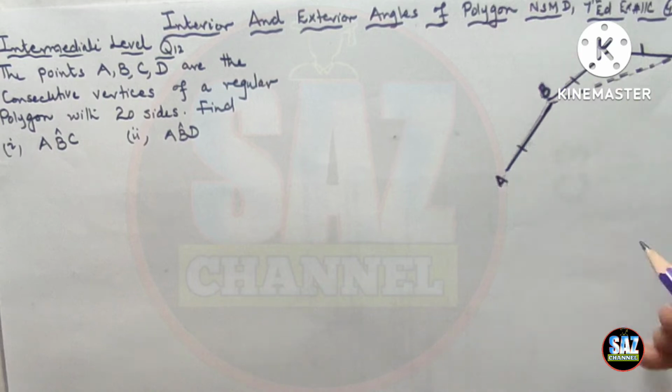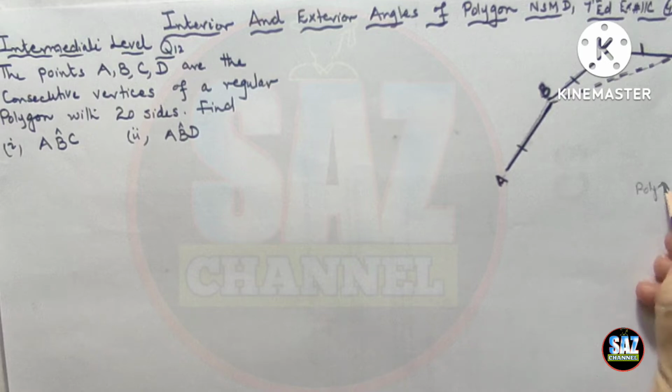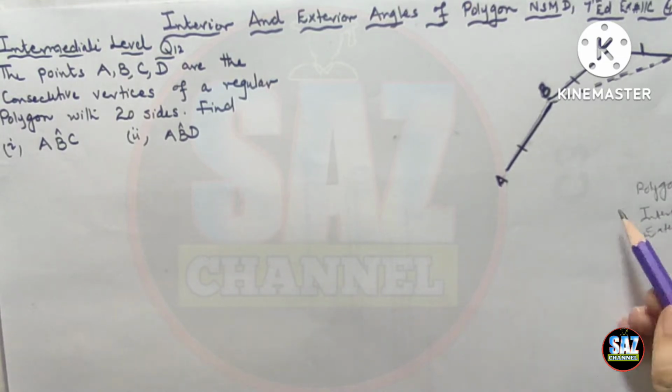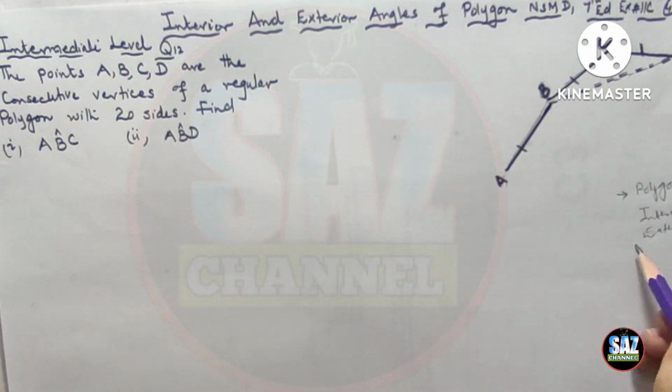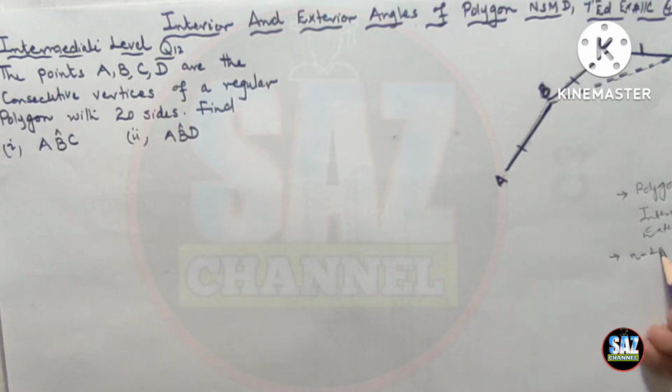I hope you are clear what a polygon is, what interior and exterior angles are, what the formula for finding the sum of interior angles of a polygon is, and what the sum of exterior angles of all polygons is, that is 360 degrees.